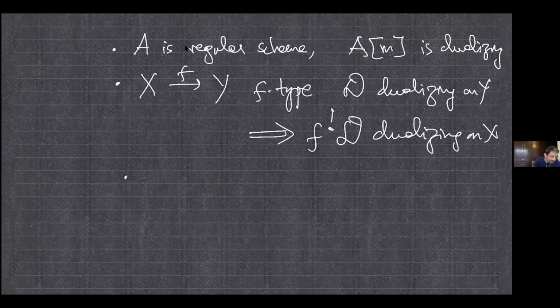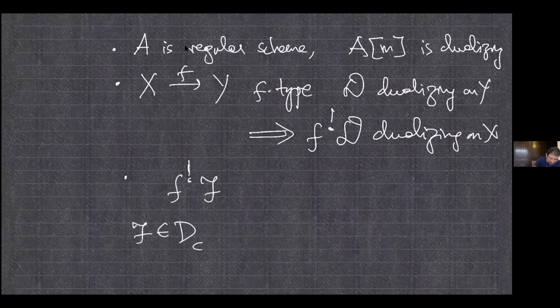And here's a basic observation by Grothendieck, which is also in Hartshorne's Residues and Duality, for example: f upper shriek F, where F belongs to D_c(X). Unfortunately, this theory requires you to work with coherent homology, which is the slight drawback.